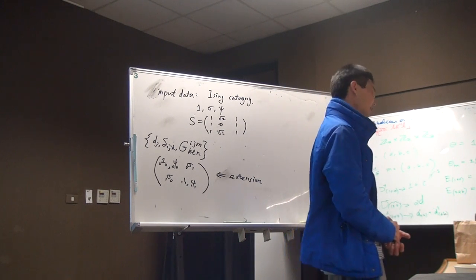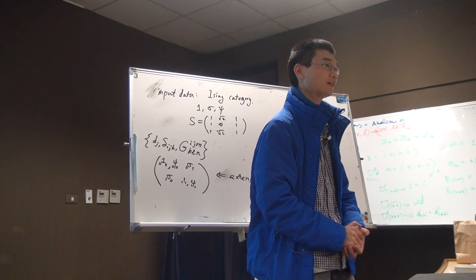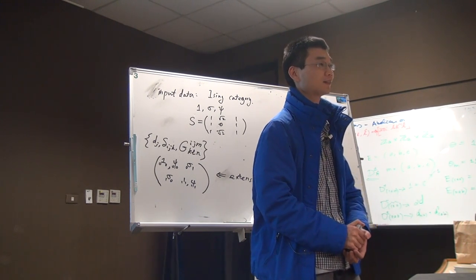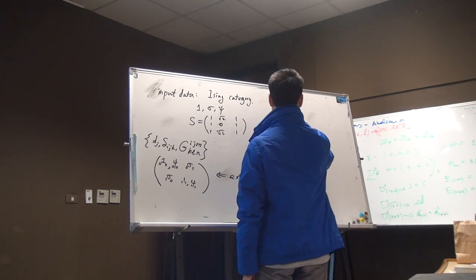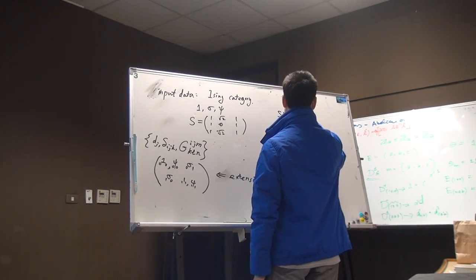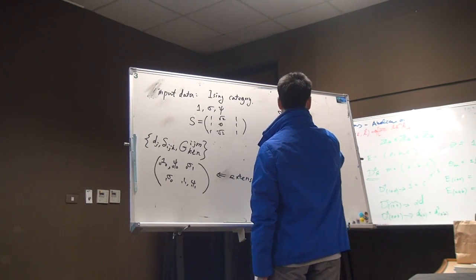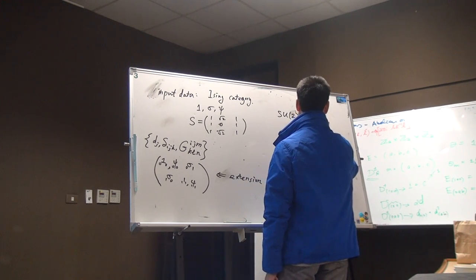One way to do that is you can derive this data from the SU(2) quantum group representation, at level k equals 2.